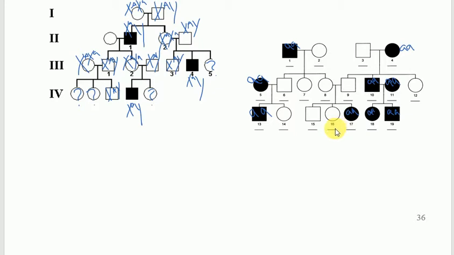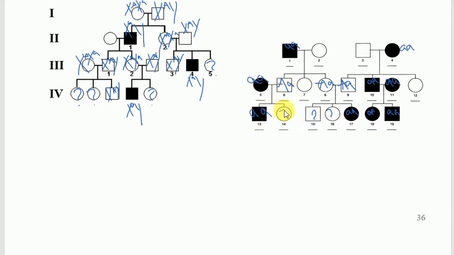So, for instance, right here where the skipped generation is, we know that we have to have a heterozygous because we have a daughter with 2 little a's. These, however, would be question marks. This one we know would be heterozygous because we have 2 little a's.